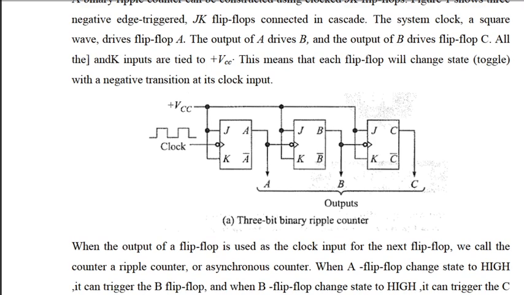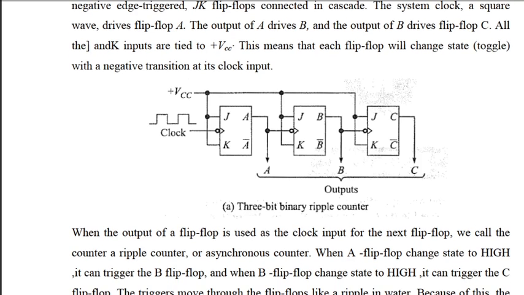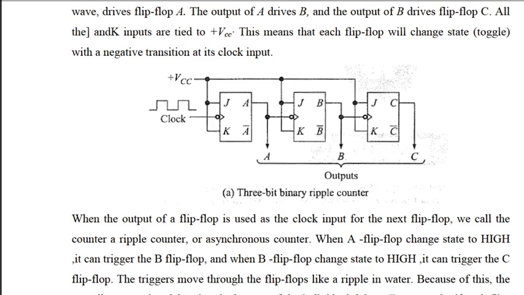The first flip flop changes its state when the clock pulse changes from high to low. The second flip flop changes state only when the A output changes from high to low. Similarly, the third flip flop will change state only when B changes from high to low.